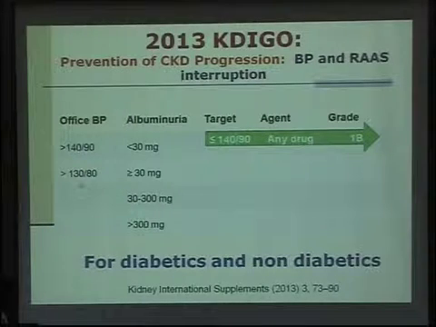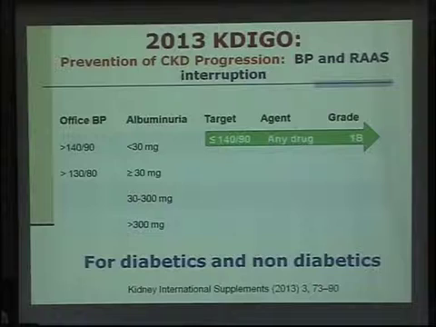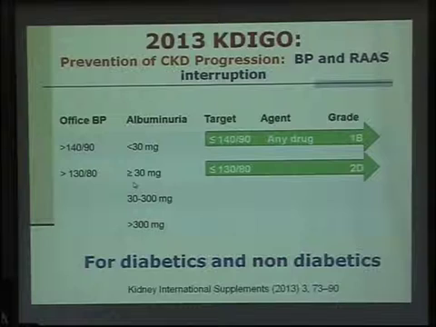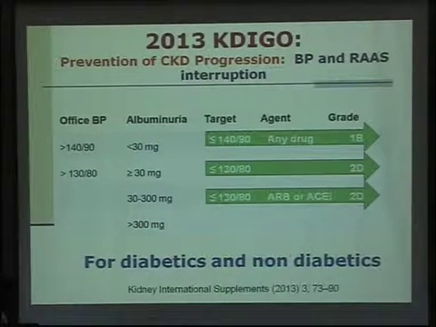If in the second row, you have a patient with blood pressure above 130/80 and albuminuria in A2, 30 to 300, which target would you like to have here? It is written with the suggestion of the answer, because I say 130/80. And there is pathological albuminuria A2. So the target will be 130/80.